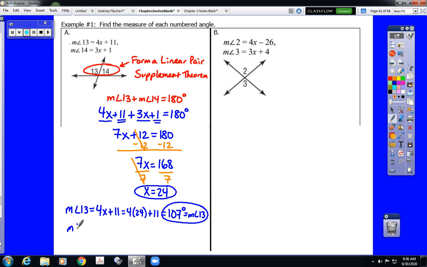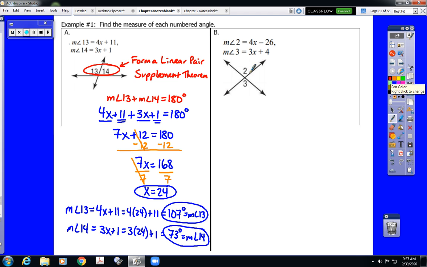And for the measure of angle 14, it is 3 times x plus 1, so 3 times 24 plus 1. That would be 72 plus 1, or 73 degrees for the measure of angle 14. Remember that these two angles should be supplementary, so when you get your answers you can check them by checking to see if 107 plus 73 is 180, which it is.